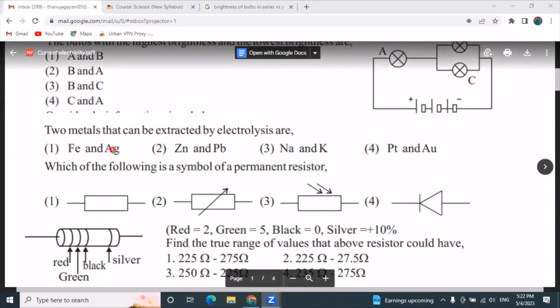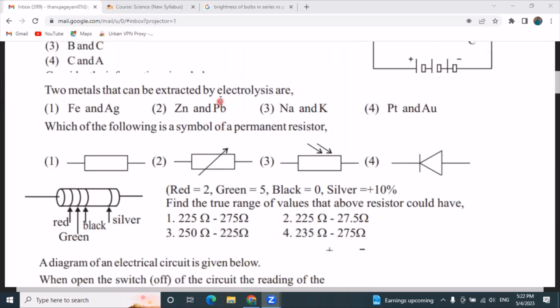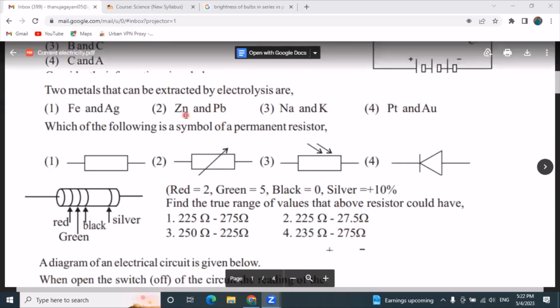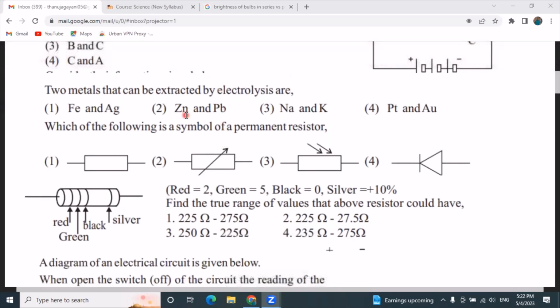Okay, let's move to the next question. Two metals that can be extracted by electrolysis are. This is not a question related to the current electricity lesson, but let's discuss this. You know that there's a series called the activity series. At the beginning of the activity series are metals with high reactivity.